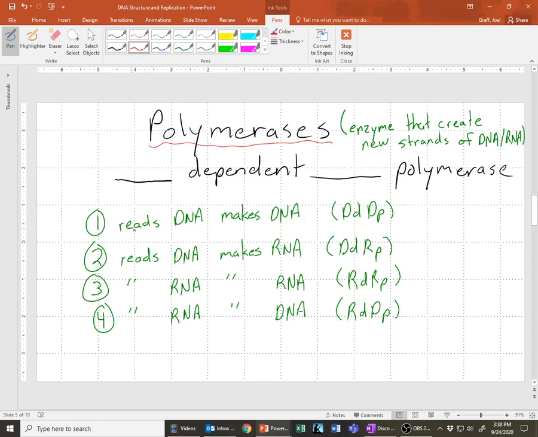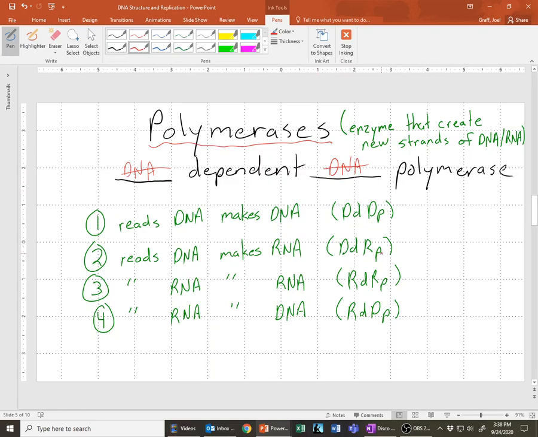If a polymerase reads DNA and makes DNA, it is a DNA-dependent DNA polymerase. So you would write DNA-dependent DNA polymerase. Okay? But if it reads DNA and makes RNA, it would be a DNA-dependent RNA polymerase.